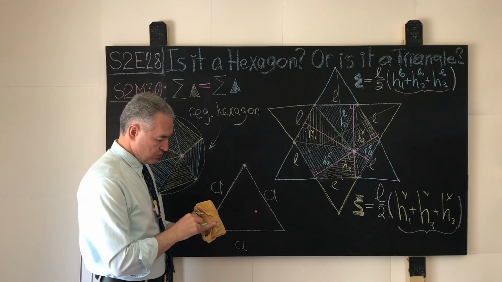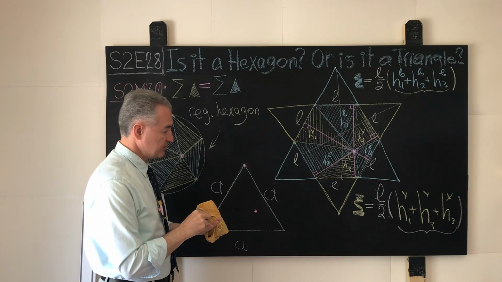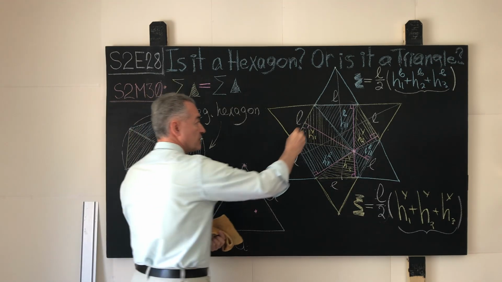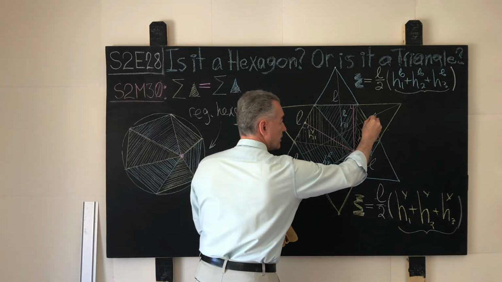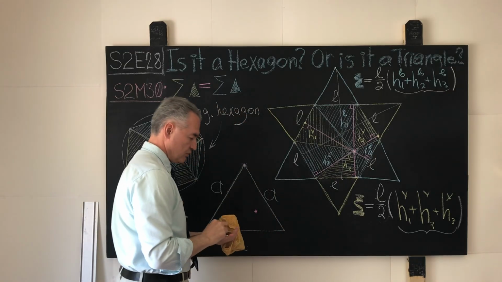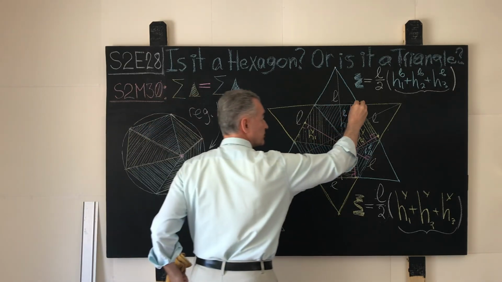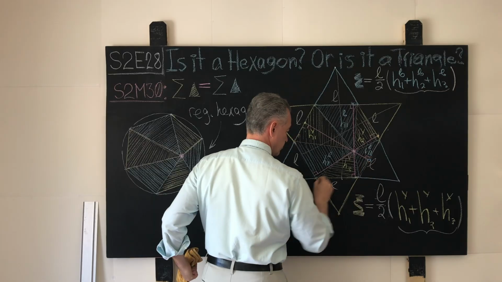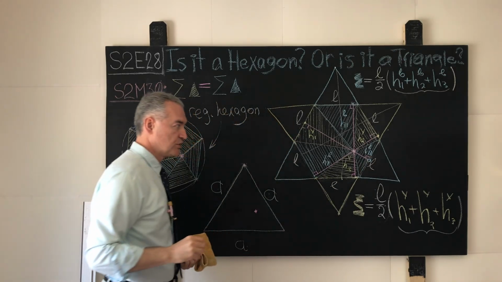Well, each point that represents, for example, let's say this point over here, and where is this point over here for yellow triangles, and for the blue triangles, this point, and this point, they represent what?